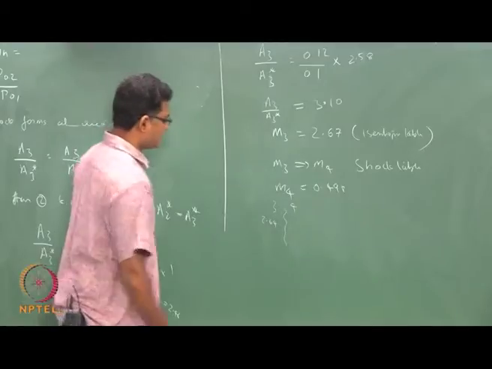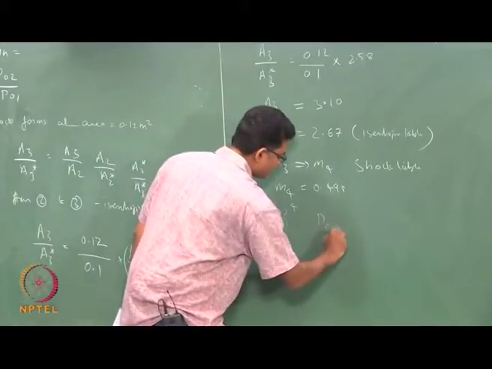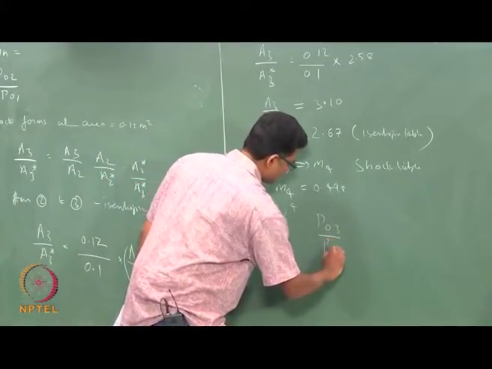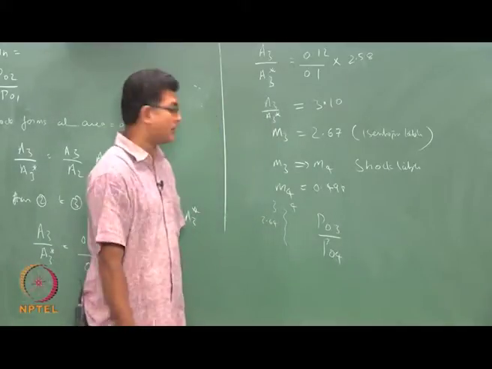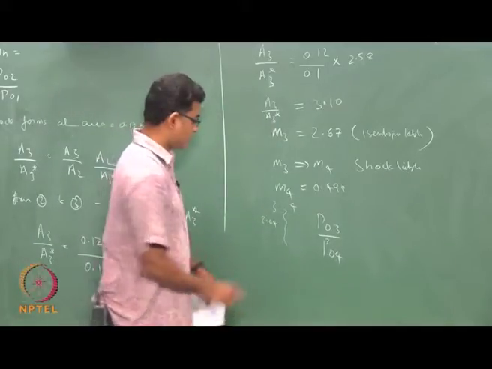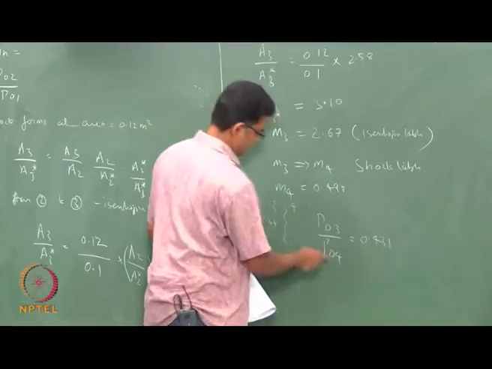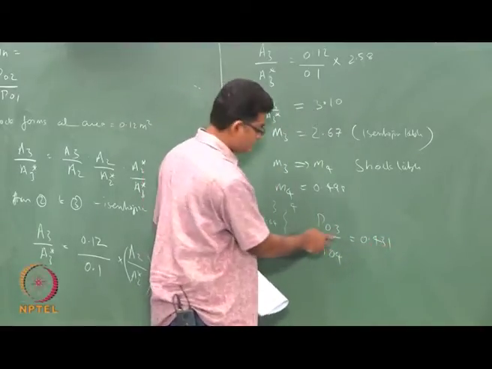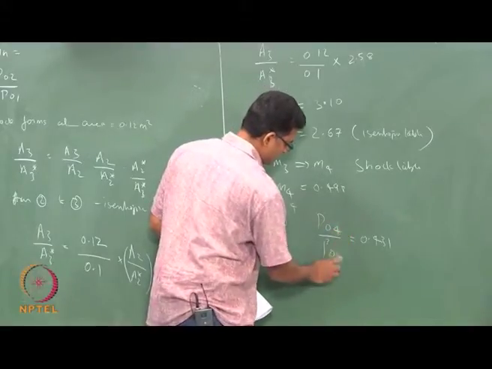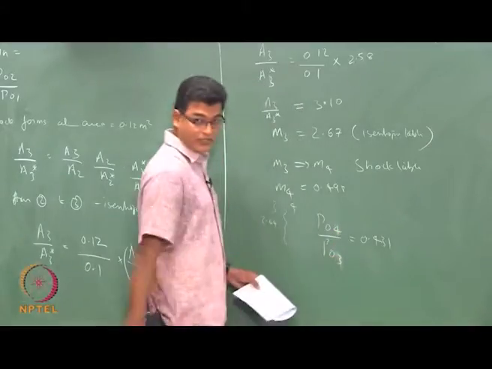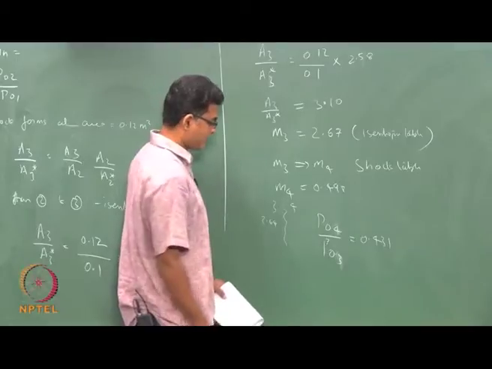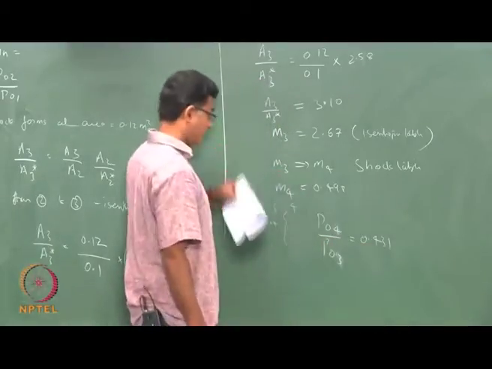Okay. This will also give me P04 by P03, which is 0.431.